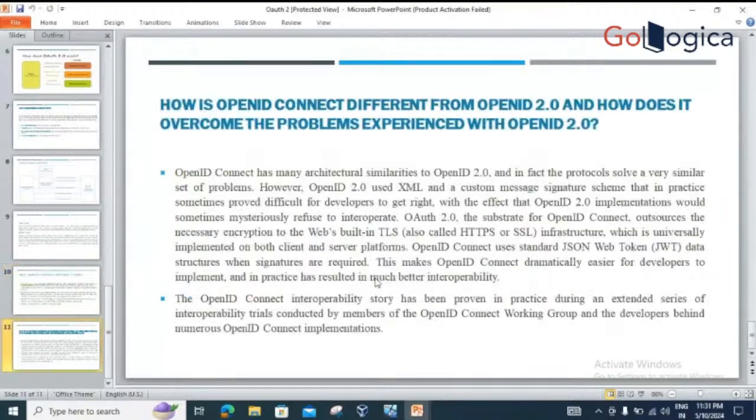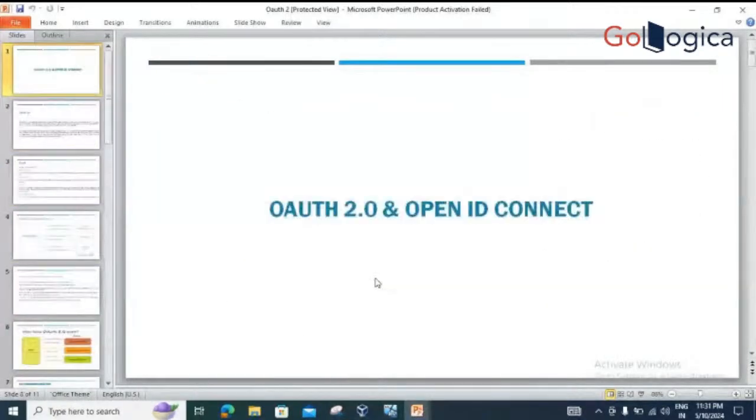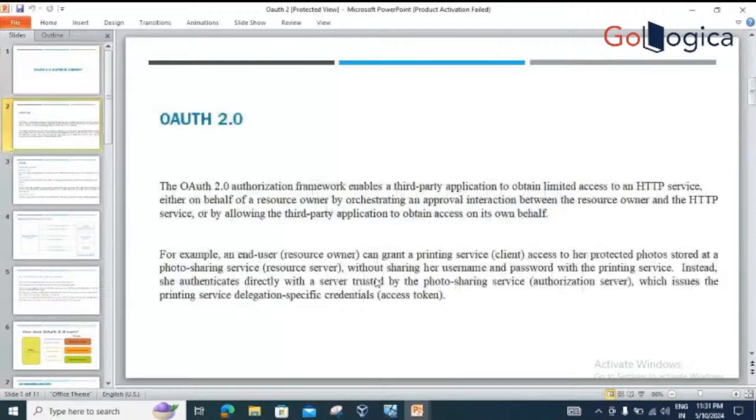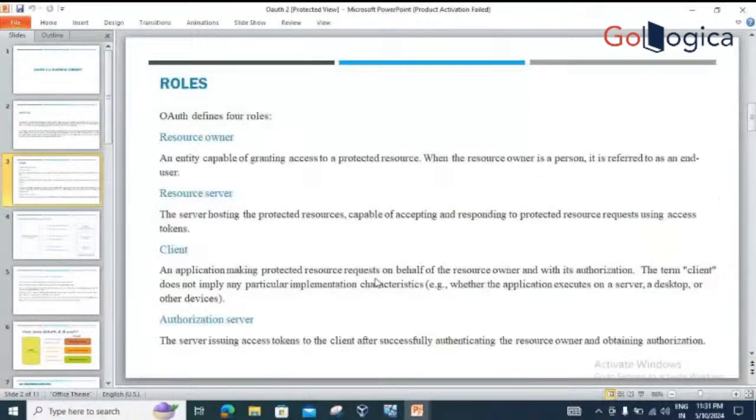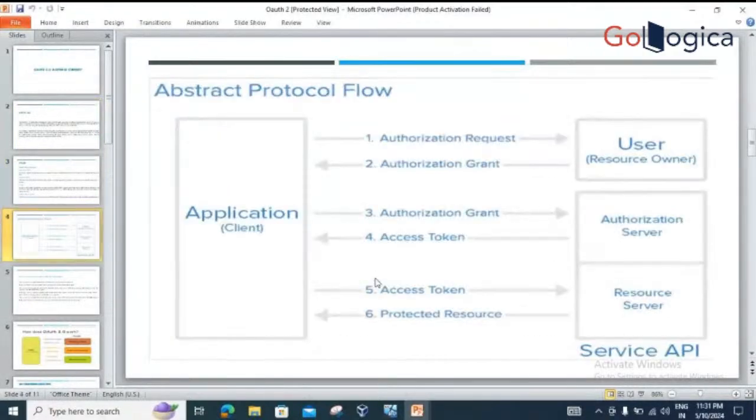Okay. I'll give that document to all of you guys. You just read it once in a while. Just read it thoroughly so you can easily understand what terminologies are marked over here, and with the help of these diagrams you can easily understand terms like resource owner, authorization server, all these terms.